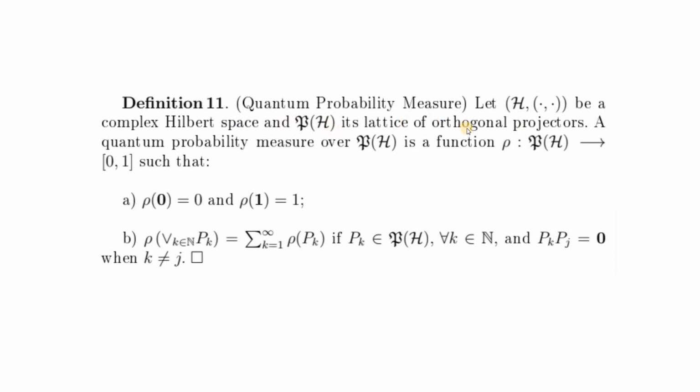Since our lattice of orthogonal projectors is indeed bounded and sigma complete, we just replace the set theory element by the lattice element, and we get the definition of a quantum probability measure, which is a function defined on the lattice of orthogonal projectors, to the closed interval [0, 1], which acts in the following way.